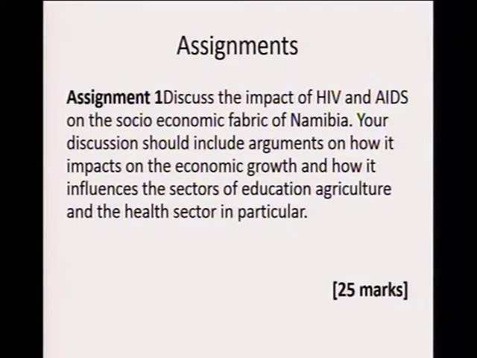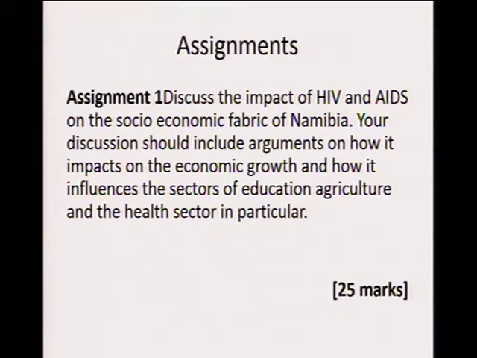I will not perhaps go much into that element. I will go straight into the assignments. So the first assignment says, discuss the impact of HIV and AIDS on the socio-economic fabric of Namibia. Your discussion should include arguments on how it impacts the economic growth and how it influences the sectors of education, agriculture, and the health sector in particular.